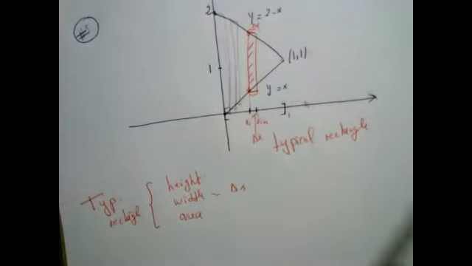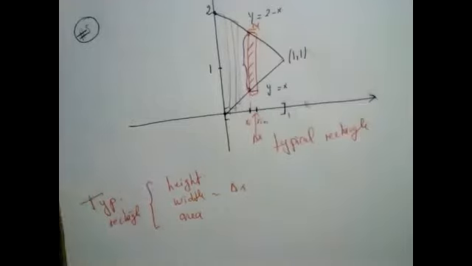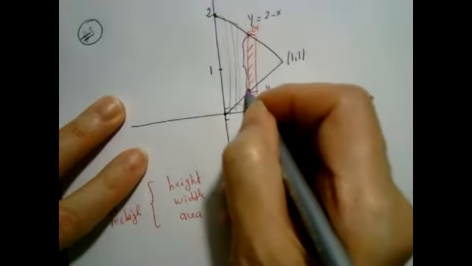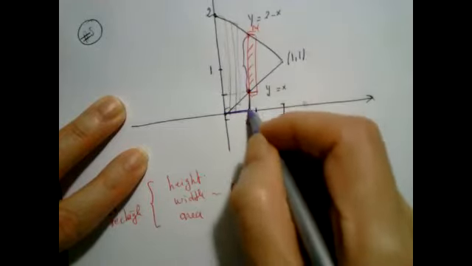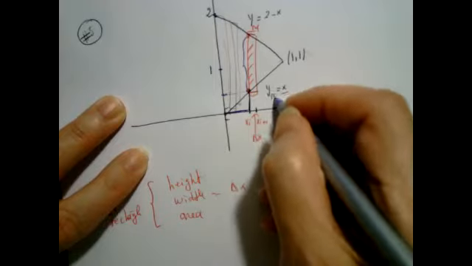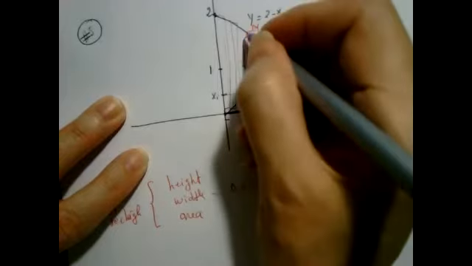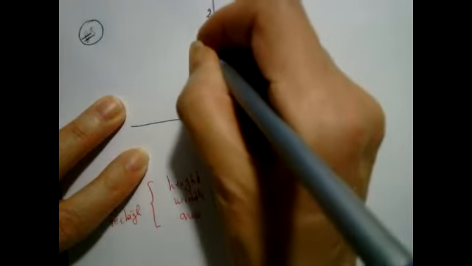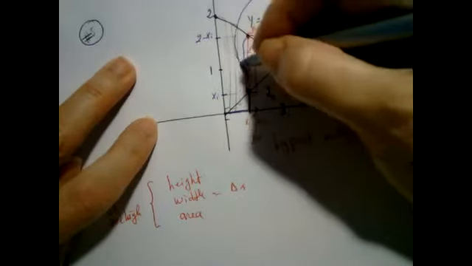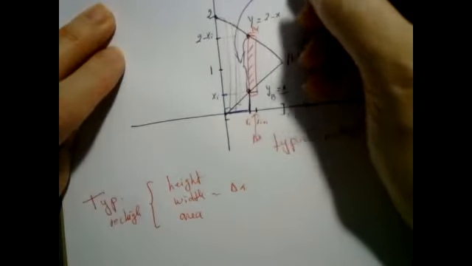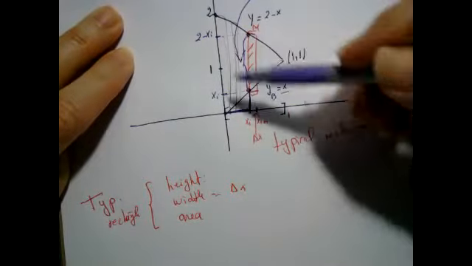The height is from the top curve to the bottom. Now, if this is x_i right here, it means the height from here to here, the bottom curve, is x_i also, because here y equals x. And this point here is 2 minus x_i. So the height of the rectangle is the top value minus the lower value.